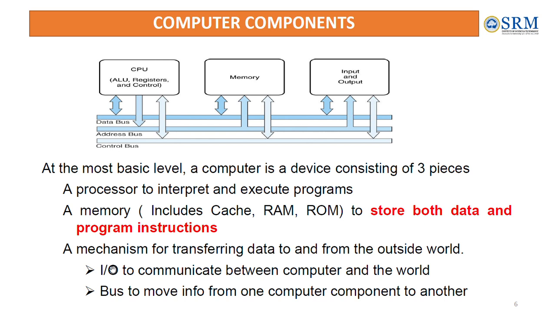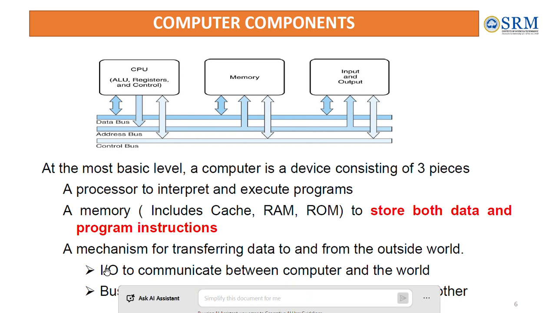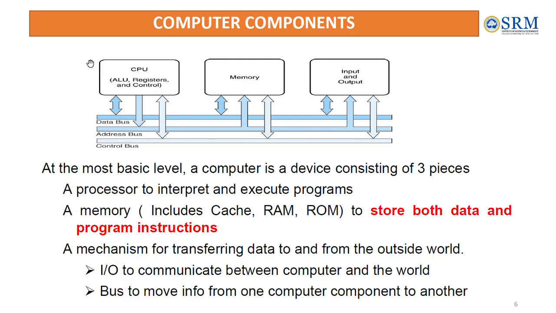Up till now we have talked about computer architecture and components. Over here, when you see computer architecture, the CPU encompasses the ALU, registers, and control unit.